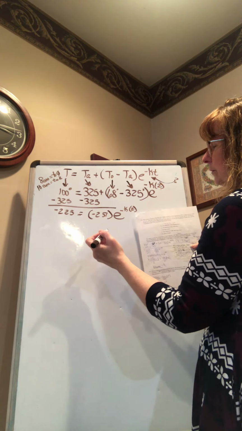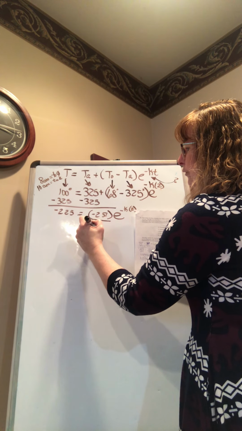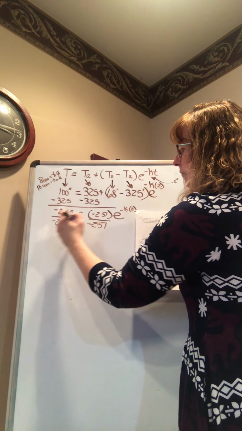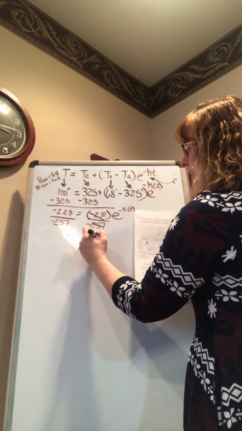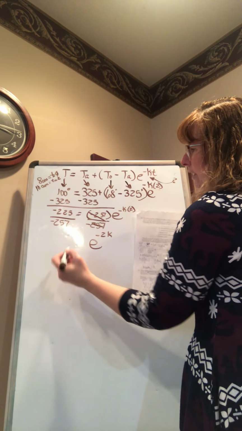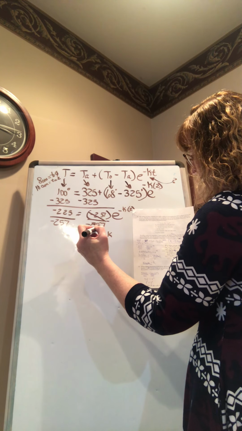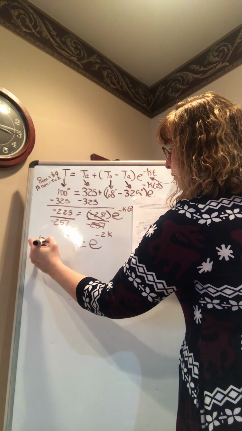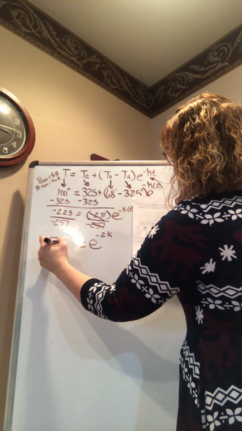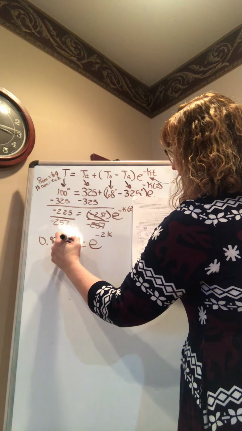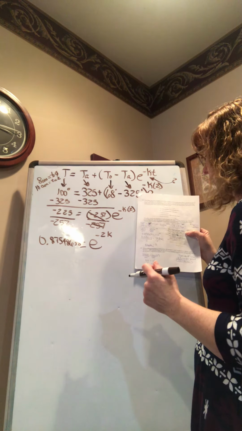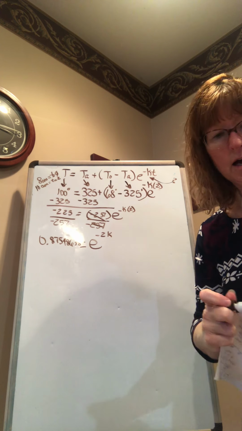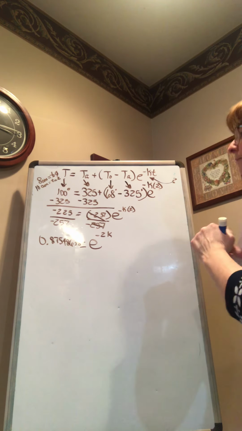So now I'm going to divide by the negative 257. That's going to cancel. And I'll just put negative 2k. I'll clean that up on that side as well. And this gives me positive 0.8754868. This is on your calculator. Now what we're going to do is put a natural log on both sides.